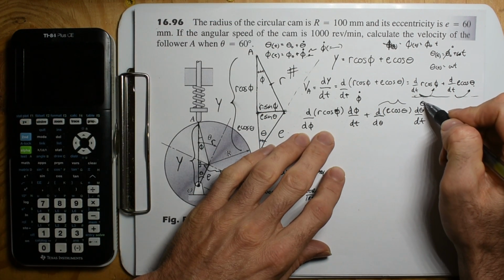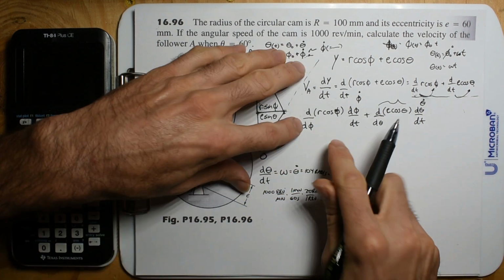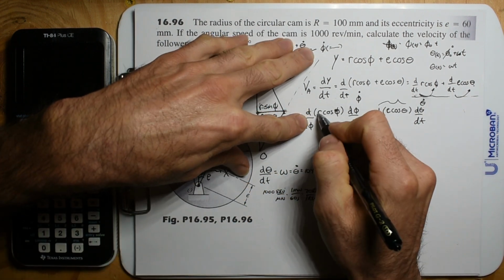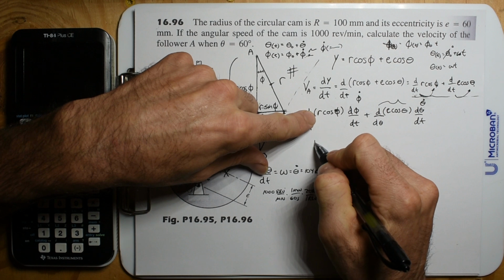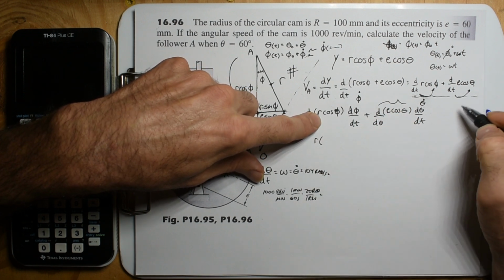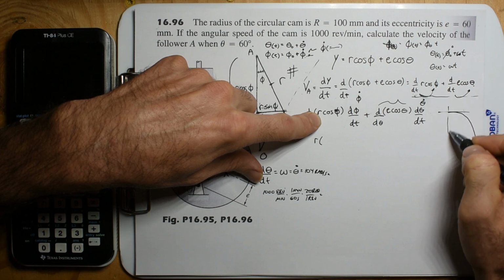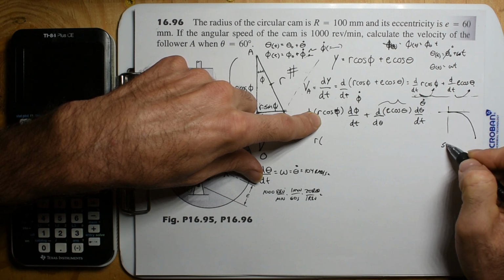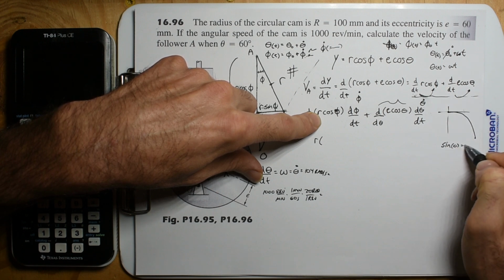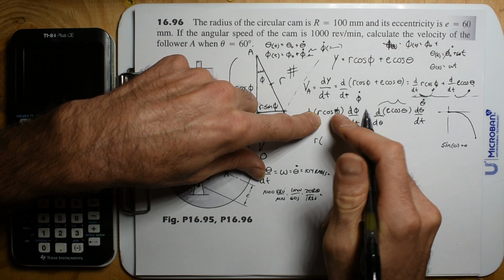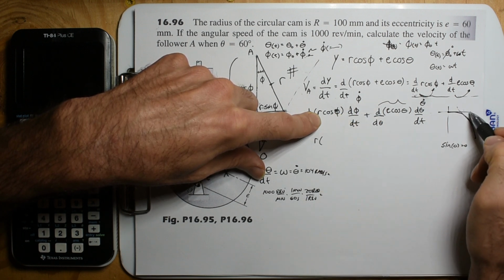And this is going to be theta dot. Let's differentiate this. We have a constant, so it's just going to be r. Now cosine. At 0 we get a 0 slope, so that's going to be sine. Sine of 0 is 0. So the derivative of cosine is sine, but this slope is negative.